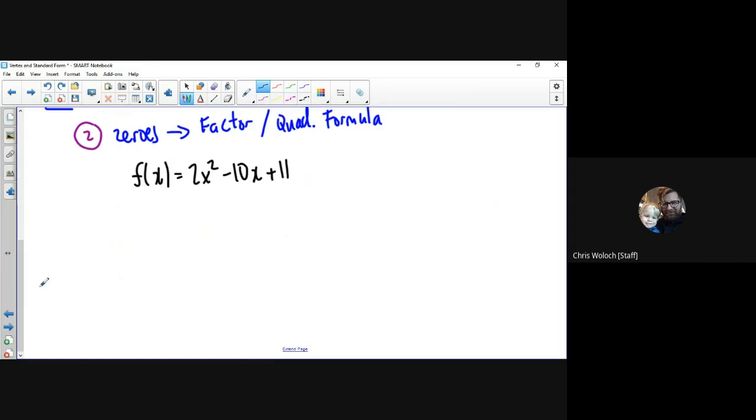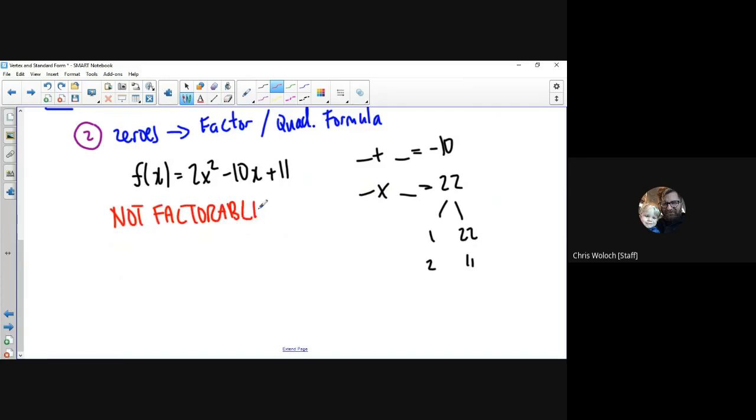However you want to deal with this, you can say, I want to find two numbers that add to negative 10 and multiply to 22. Then you say, what are the factors of 22? Well, 1 and 22 and 2 and 11. There's no combination of numbers here that's going to add to negative 10. So this one is not factorable.